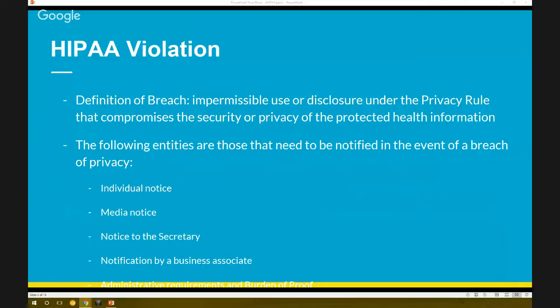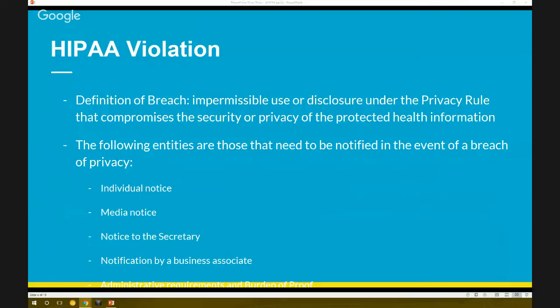Notice to the secretary. In addition to notifying affected individuals and the media where appropriate, covered entities must notify the secretary of breaches of unsecured protected health information. The secretary can go to the HHS website and fill out a report form of a breach.